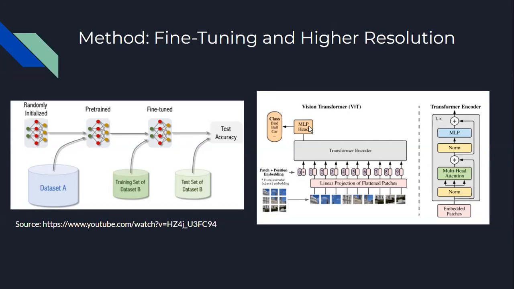After removing this, they added a feed-forward layer, which has zero-initialized dimensions matching the downstream classes, that is, the number of classes in our target data set, which are fewer. That is the reason we remove the prediction head, and whatever target data set we want to use, that is data set B here, we fine-tune with data set B.